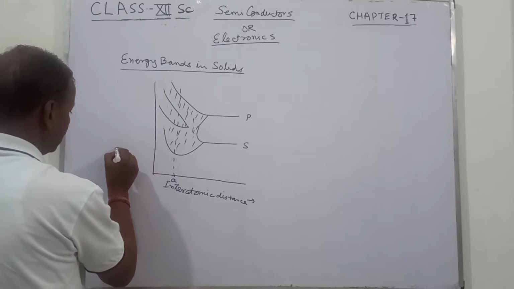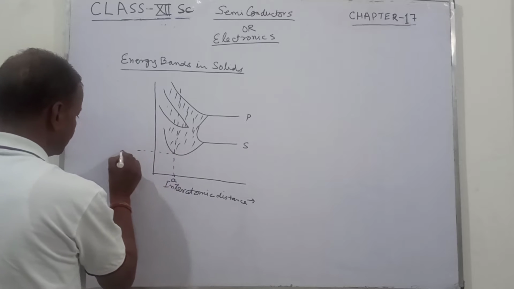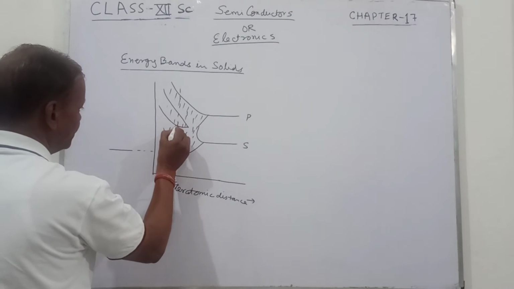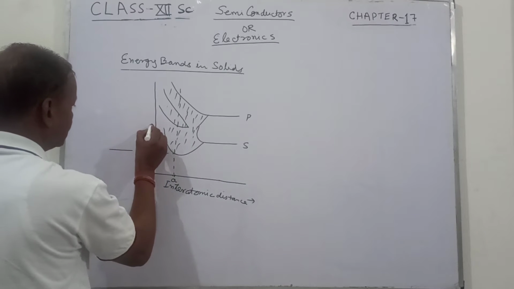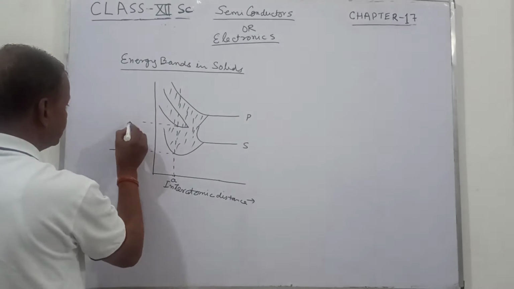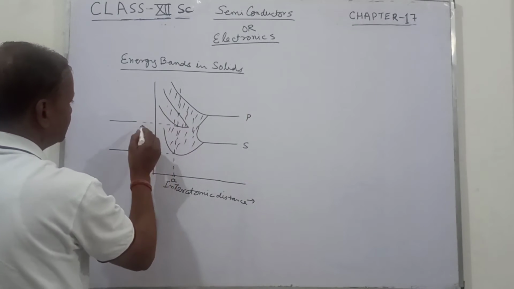So here we have this point corresponding to this one, then this point where this line intersects.